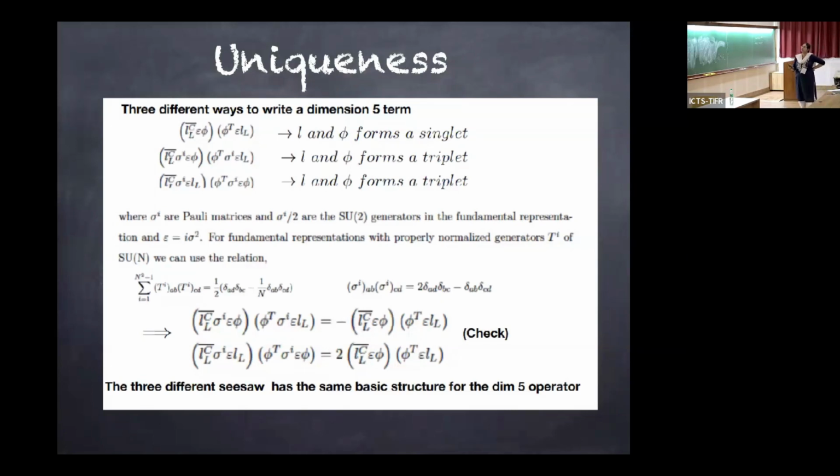So there are three ways of writing it, and then you can ask why there is only one Weinberg operator. This is some SU(N) algebra you can do, and you can show that all these are equivalent. It is not very difficult algebra, but difficult to do here within 1 hour. So the three different seesaws actually have the same basic structure for the dimension 5 operator.